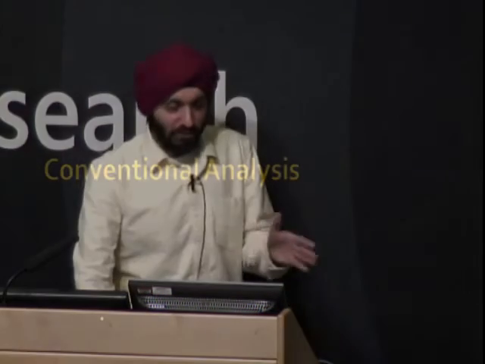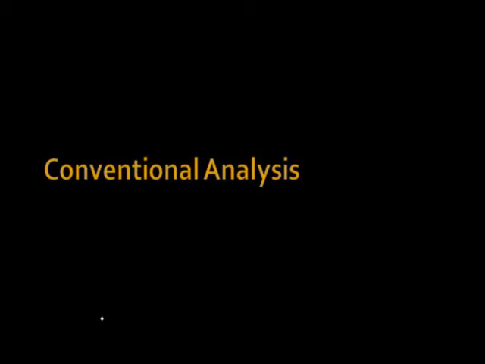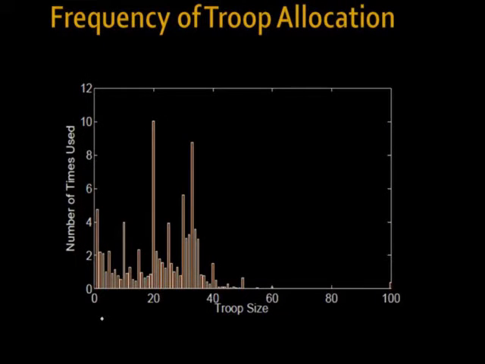Now I'll try to relate our work to the conventional analysis that people had done before on this game. The first thing that people do is to look at the troop distribution, right? How many times a particular size of troop set was used.